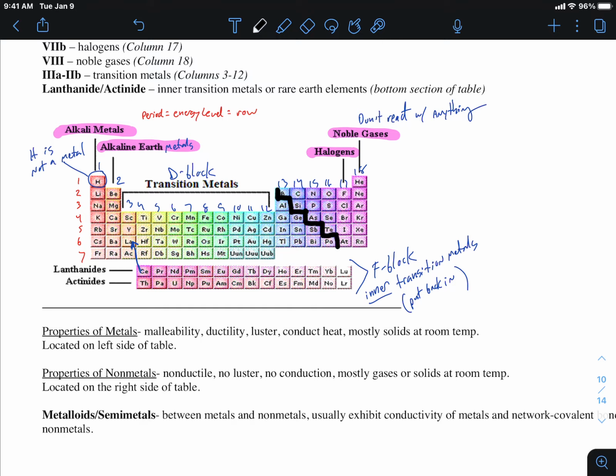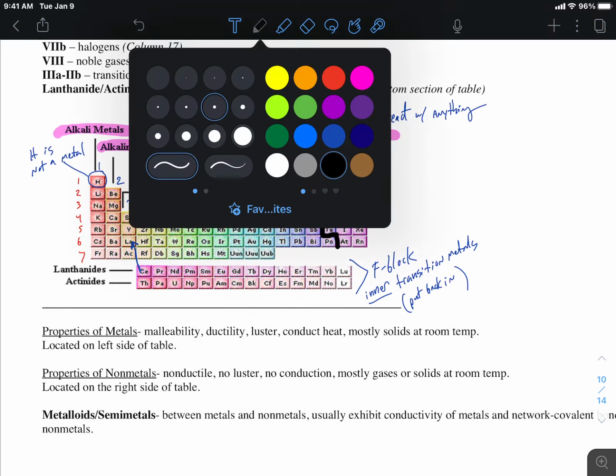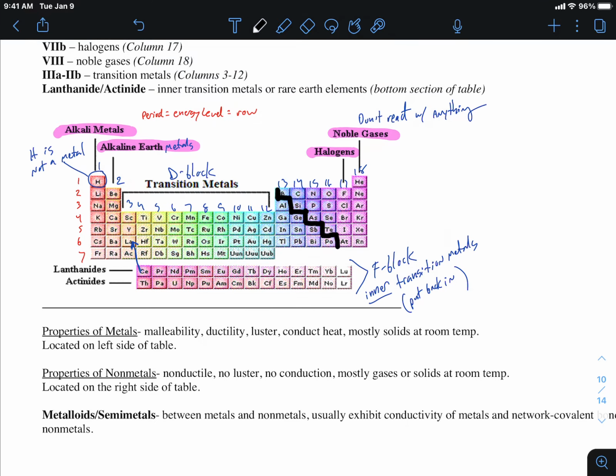Okay, so there is a separation line on the periodic table that looks like a staircase. It's not showing up on here, but if you look at the one up above me, see that bold line? That's the staircase, and that's important because that separates the metals from the non-metals. Metals are located on the left side of the table, meaning the left side of the staircase.